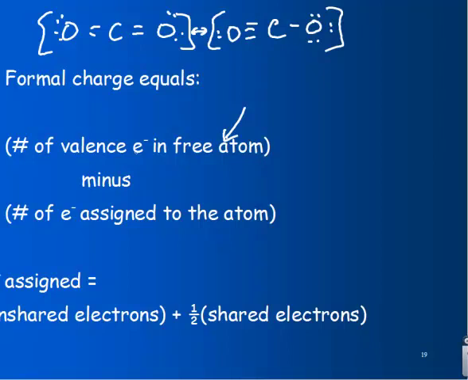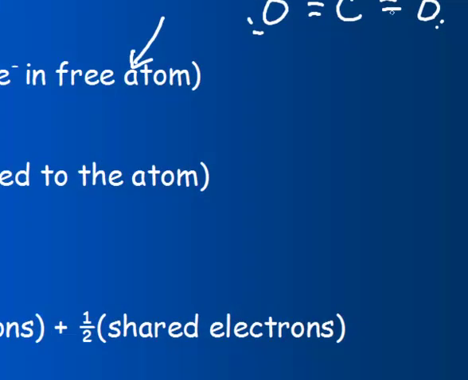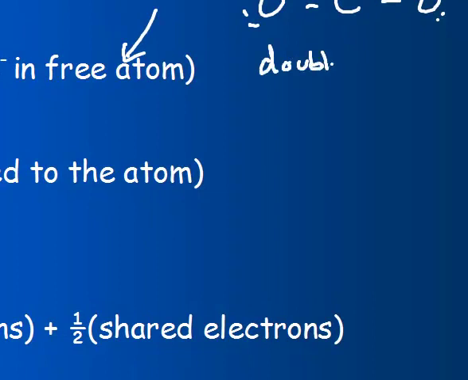All right, so let's just jump right in and do the formal charge for this. So I'm going to draw it over here. All right, so there's the structure I want to evaluate. So what I have to do is assign a formal charge to each atom. So here is a doubly bonded oxygen and a doubly bonded oxygen. I usually do the outside ones first, then the center one. So what is the formal charge going to be on this doubly bonded oxygen?